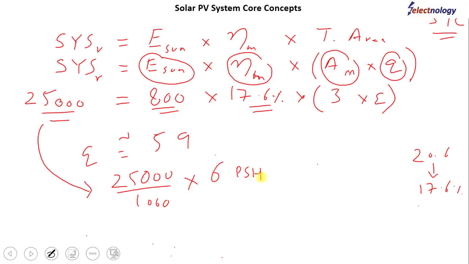Taking 6 is a good average value for our calculation, and taking system losses 25%, meaning 75% efficiency of the overall system, this becomes approximately 112 kilowatt hour energy units. This means 112 energy units shall be produced in one day at a particular location, considering all the previous data we have just discussed.